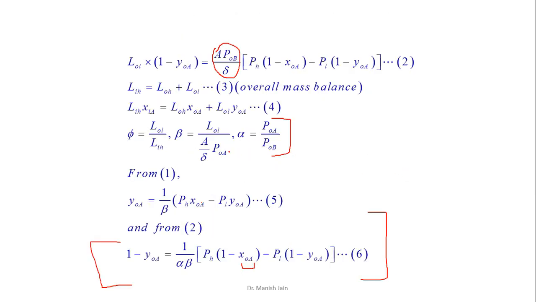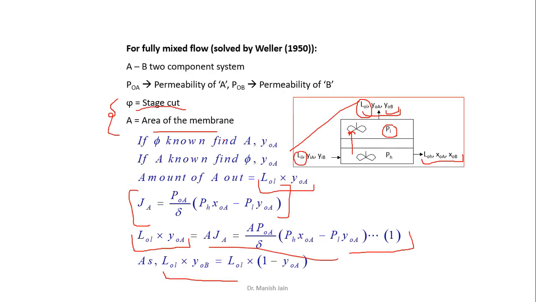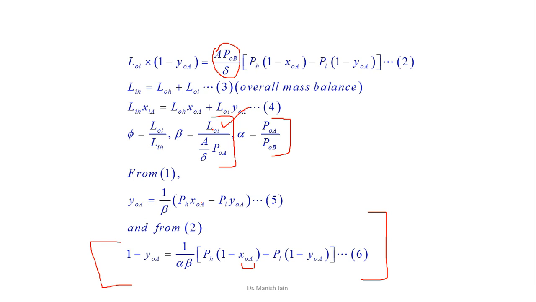And beta can be calculated from this formula. Beta equals LOL divided by A delta POA. In this formula, LOL is the permeate flow rate, POA is the permeability of component A, and delta is the thickness of the membrane.